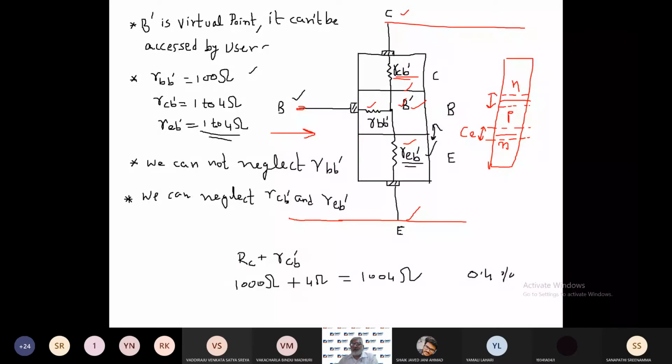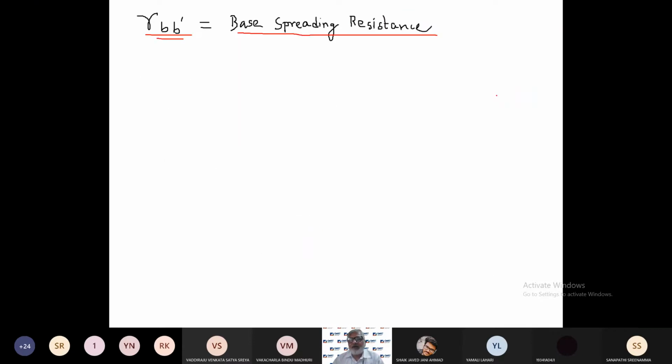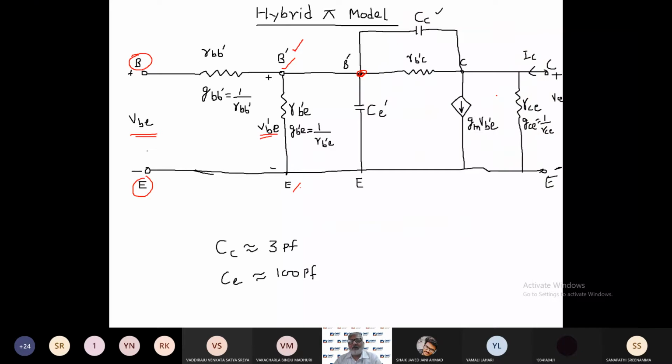These capacitances we neglect when we operate our transistor in low frequency region, but in higher frequency region we have to consider these capacitances. So you see here between virtual point B dash and emitter, you find one capacitor here, C E dash, right?